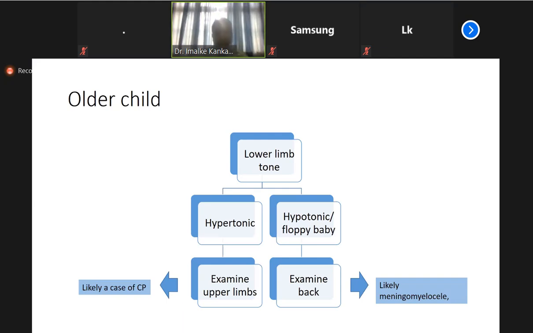And if lower limb tone is hypotonic and very floppy, I would say the next thing would be to examine the back. But even in a child with cerebral palsy, it's important to examine the back, but not at the expense of upper limbs, right? Even in a child with hypotonia in lower limbs, it's important to examine upper limbs, but the priority should be to examine the back, right?